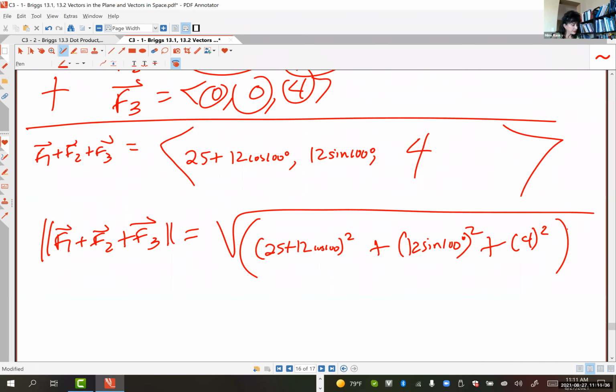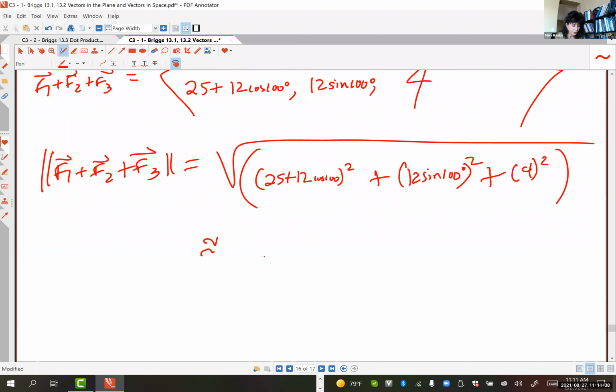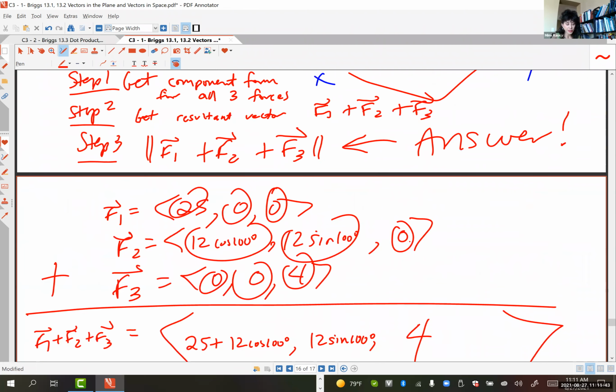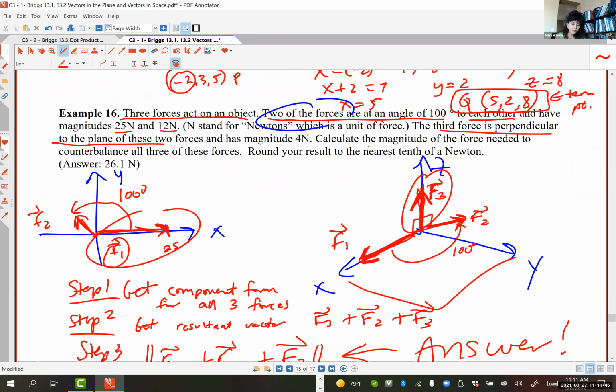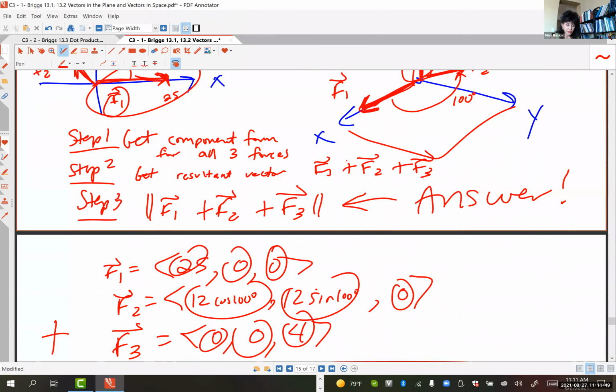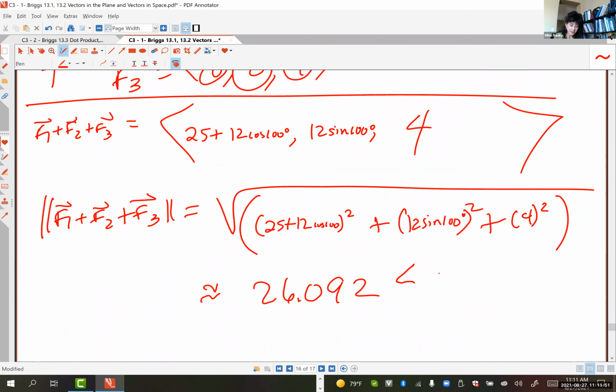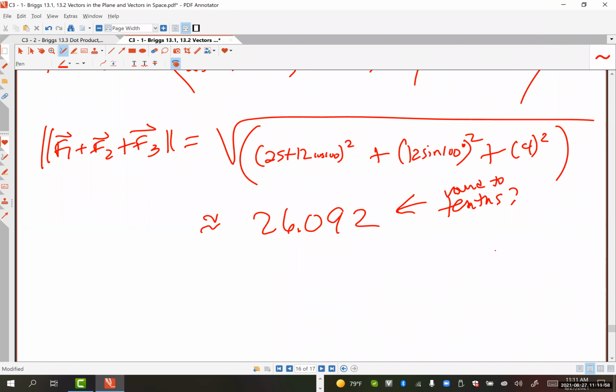And I get 26.092. There are a couple of things we need to do to this answer to get full credit. One, we need to round to the nearest tenth. Does anybody know how many decimal places tenths are? Round to tenths. It's just one, isn't it? Good, one decimal place only. Very good.